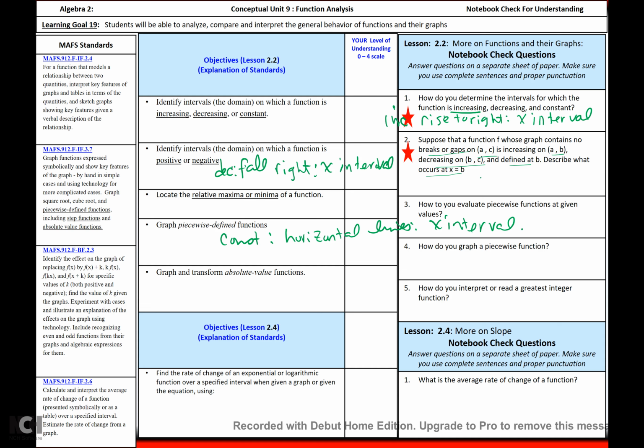I'm assuming that means that b is an x-intercept. Oh, I know what they're saying. It turns around. B is the turning point. Remember how we didn't put square brackets because it's the turning point? Yeah. It's where the function's going to turn around at.